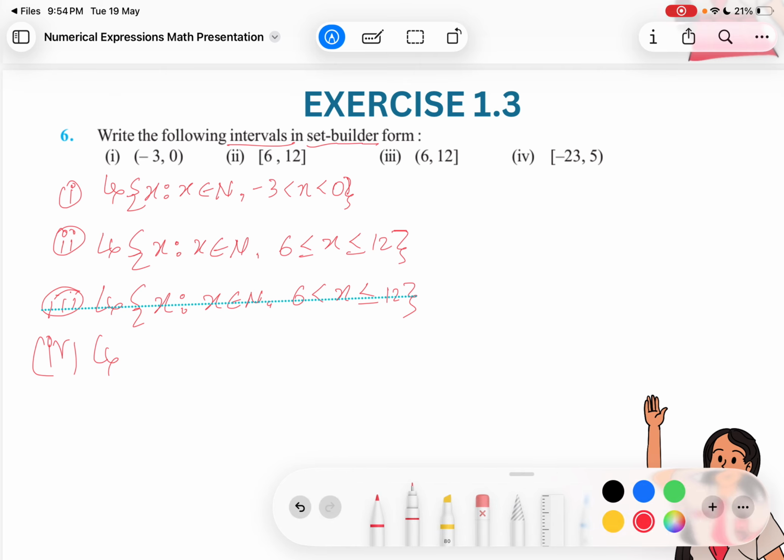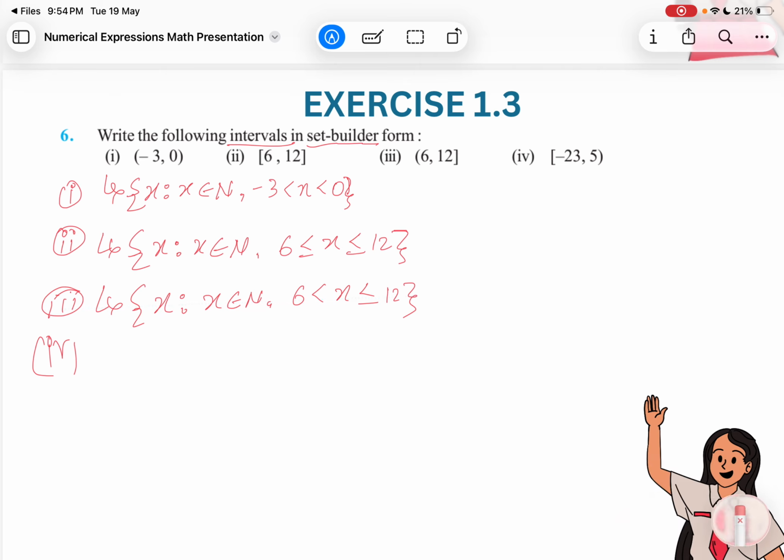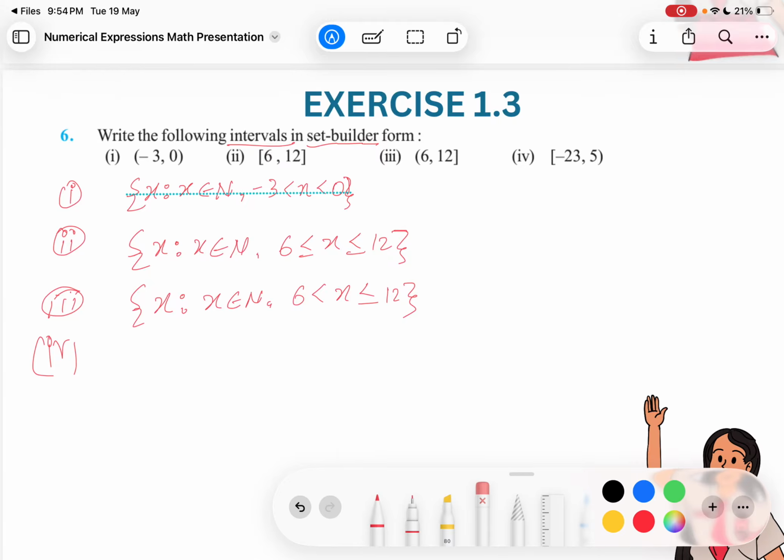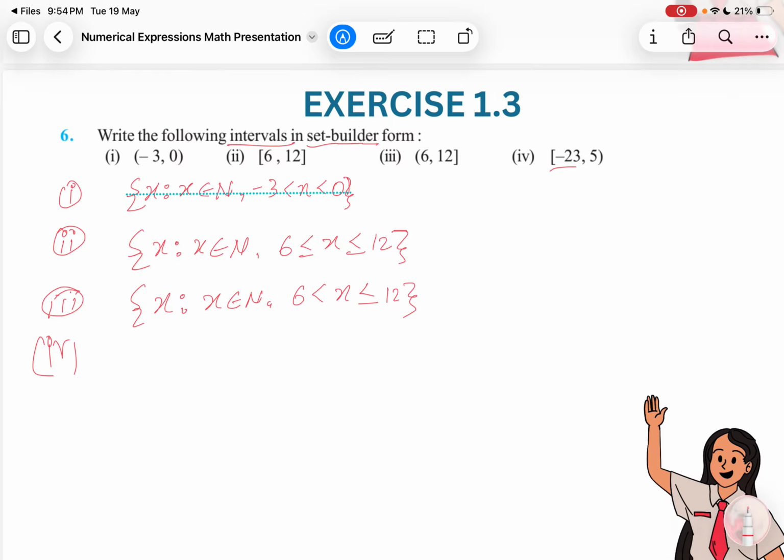Now question number 4, minus 23 is included but 5 is not included, so x, no, this can't be a natural number, it will be integer.